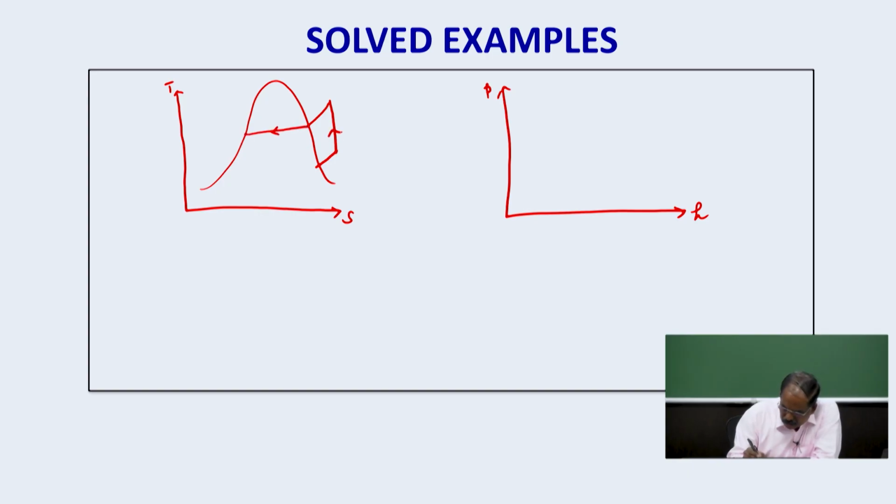So, this is 1 to 2. This is state point 3. This will be heat rejected by the condenser. This is work of compression. Then we have the throttling process followed by evaporation. So, let me draw it again.